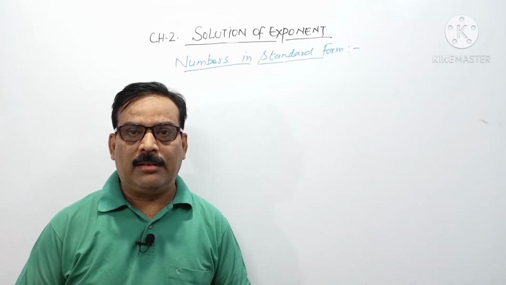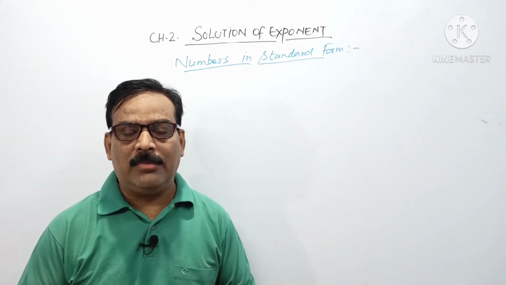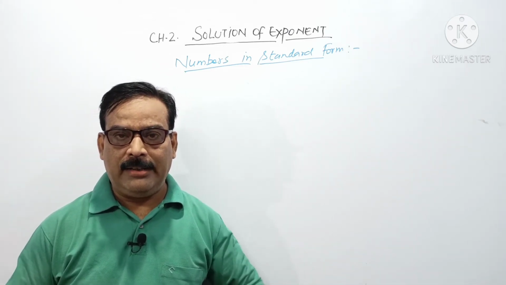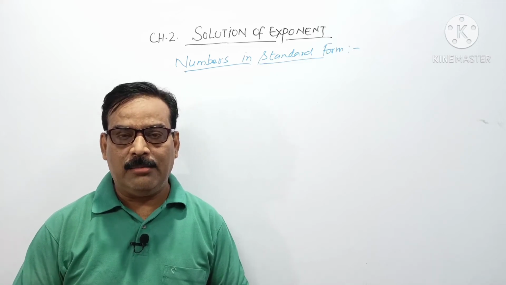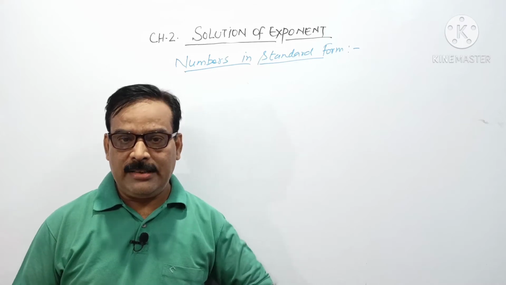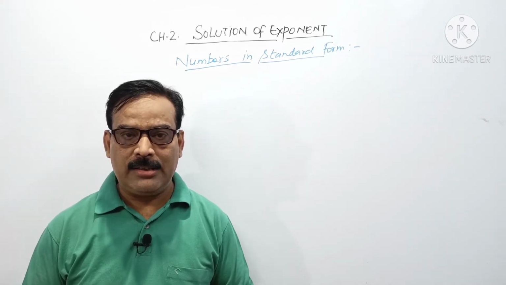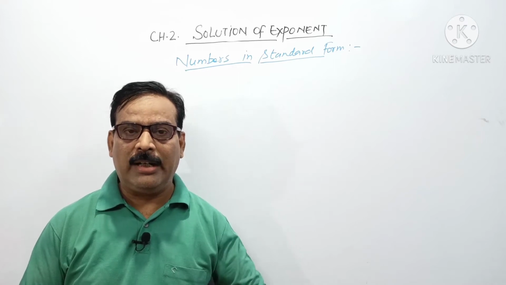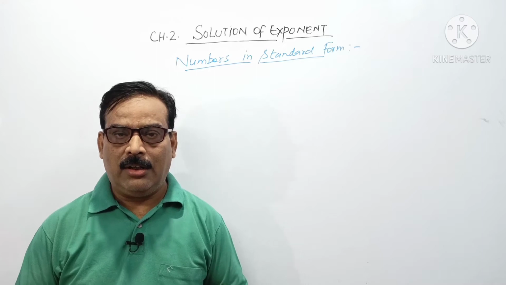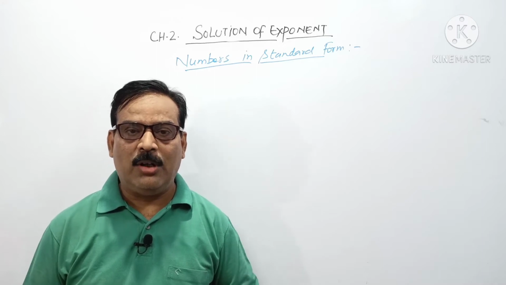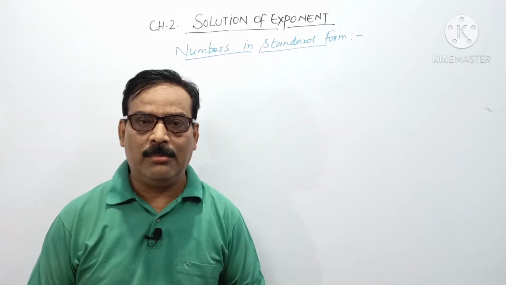Now guys, we are going to learn about numbers in standard form. How can we form the standard form of any number? Suppose there is a very big number and you have to study this number, so how can you write this number in short form? Or suppose the number is very small, so what is the standard form of that small number?